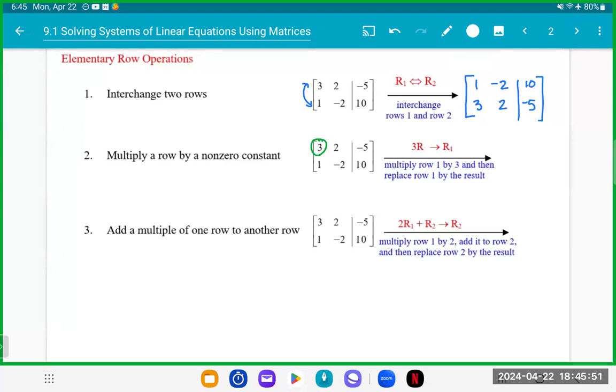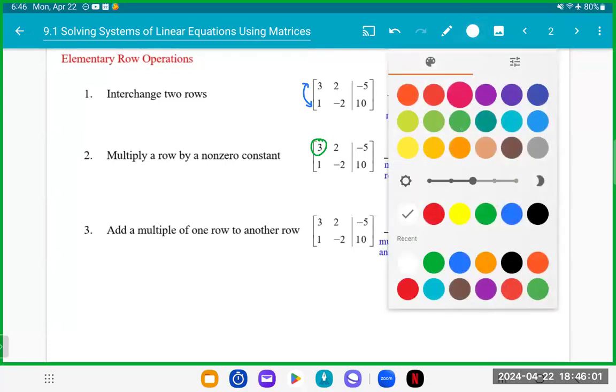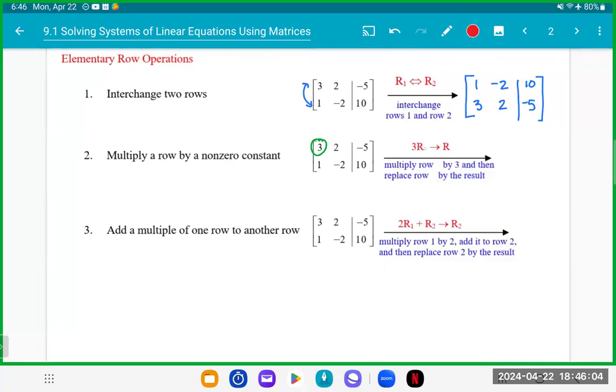This should be row 2. Sorry. We're going to multiply row 2 by, actually, there's lots of different ways that we could do this. In this one, we're not reducing it at this point. This will just show you more of the effort.